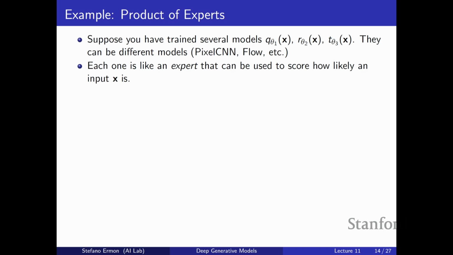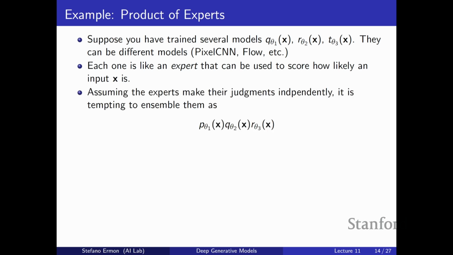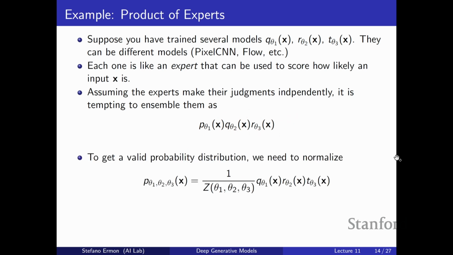And you could imagine what happens if you try to ensemble these experts. If all these experts are making judgments independently, it might make sense to ensemble them by taking a product. The product of these objects, which are normalized by themselves, is not going to be normalized, but we can define a normalized object by dividing by a normalization constant.